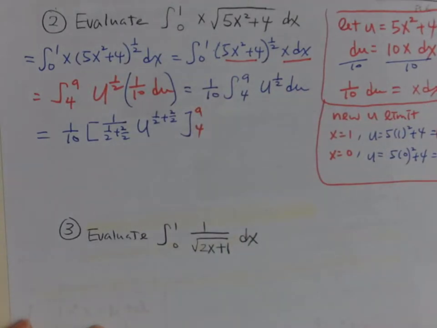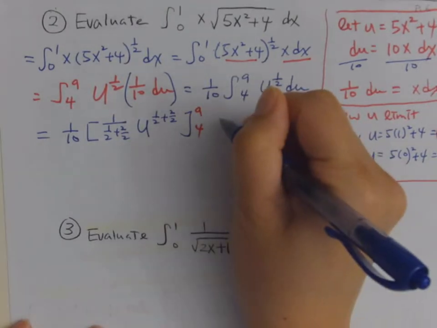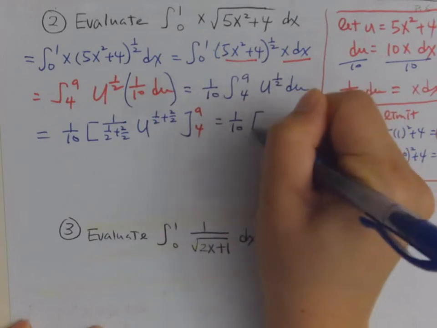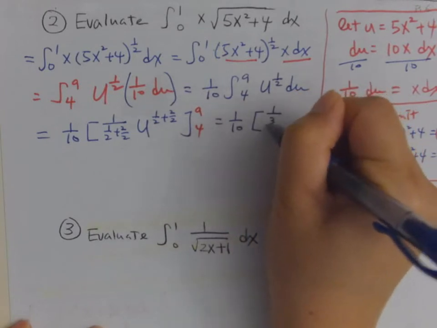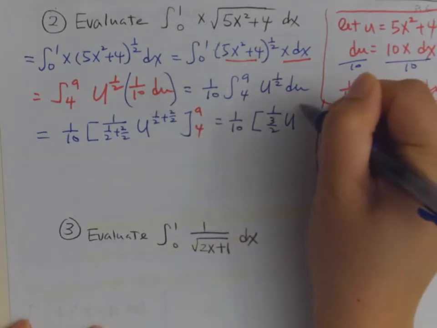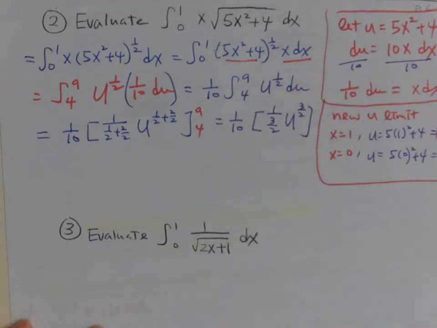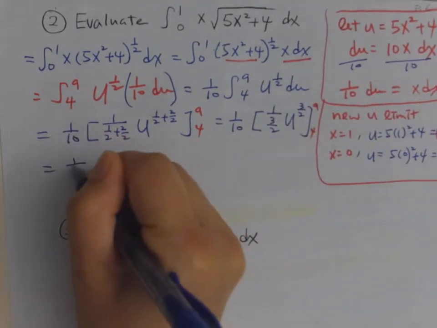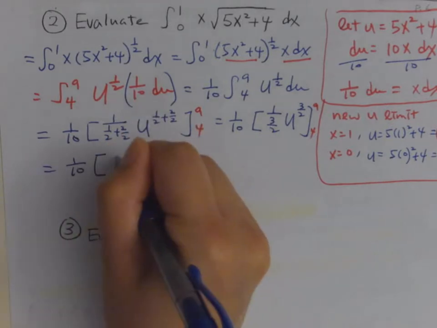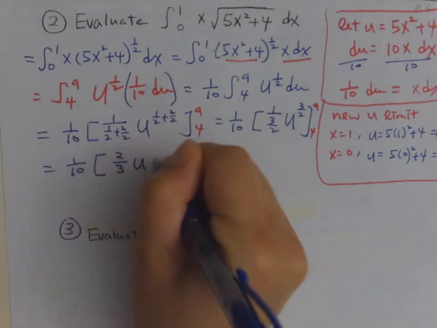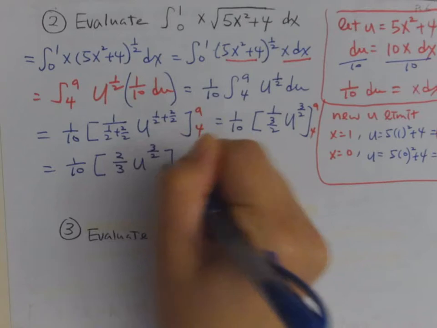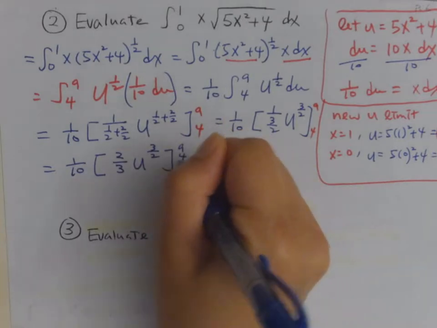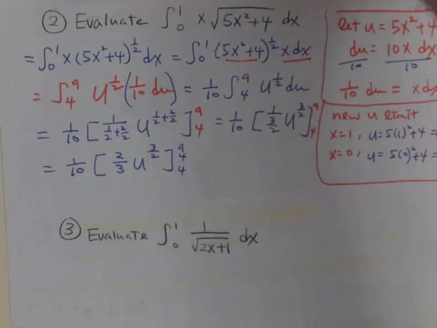So that will turn out to be 1/10 times 1 over 3/2 times u to the 3/2, with the upper and lower limits. This flips, so 2/3 u to the 3/2. Plug in 9 and 4, right? Sorry, 4 here. All right.